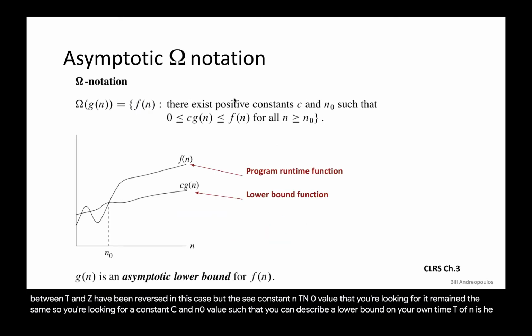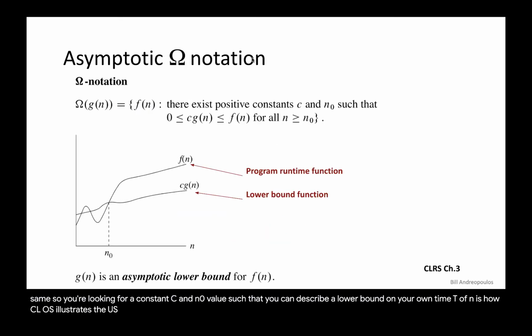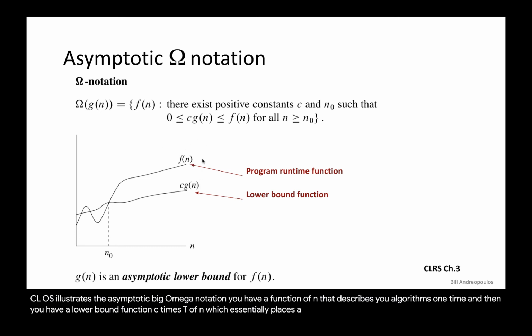And this is how CLRS illustrates the asymptotic big omega notation. You have a function f(n) that describes your algorithm's runtime, and then you have a lower bound function c times g(n), which essentially places a lower bound on f(n).